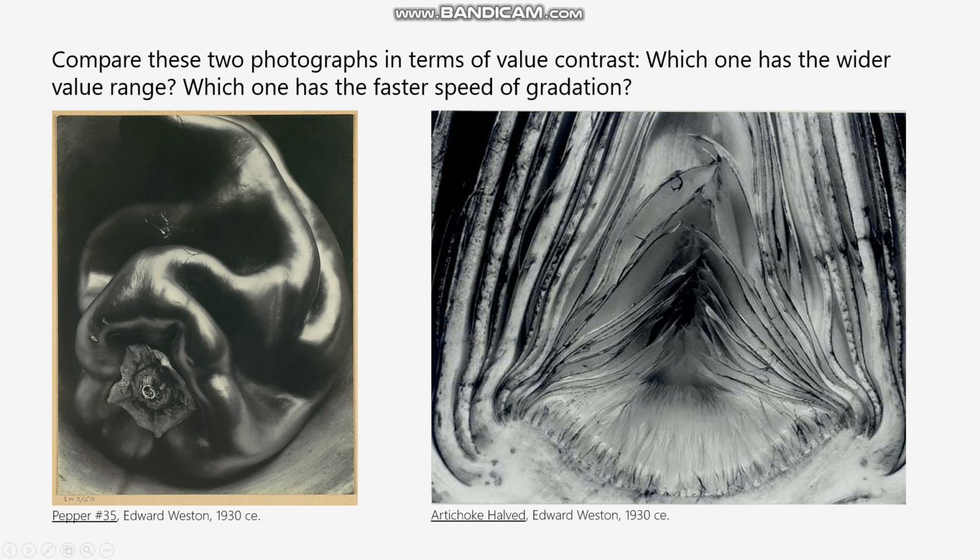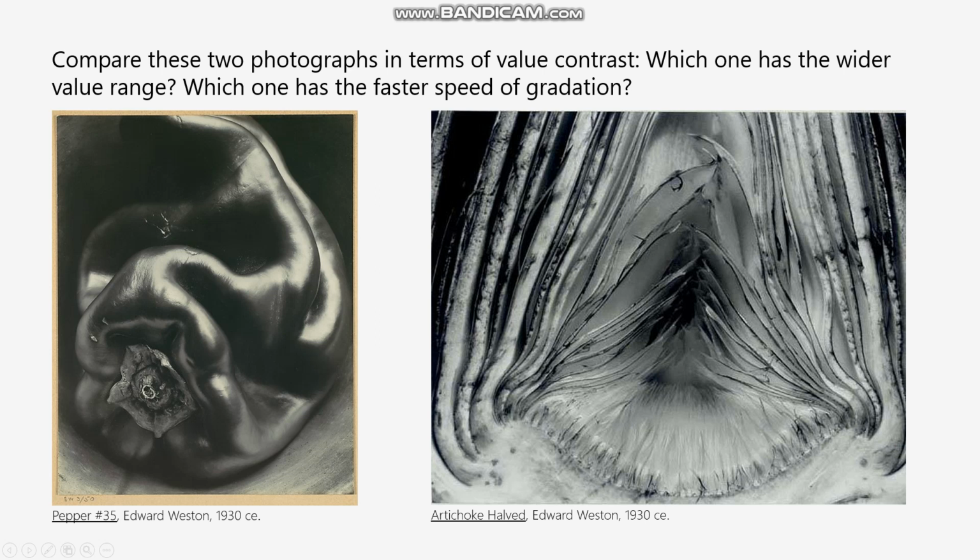We have very sharp areas of bright light on the pepper, and then very quickly into areas of deep shadow, so the speed of gradation feels faster. So overall, the image feels like a more contrasty image.